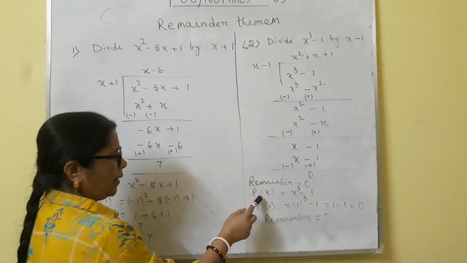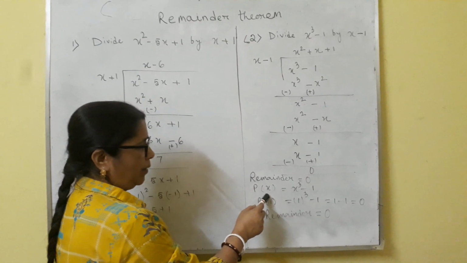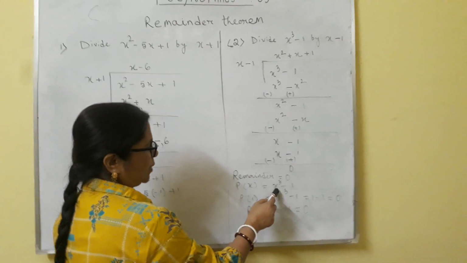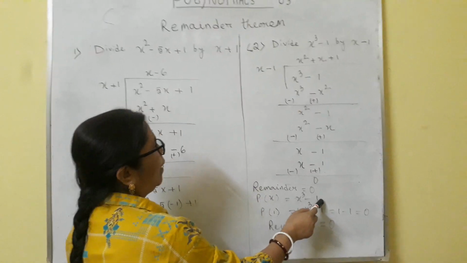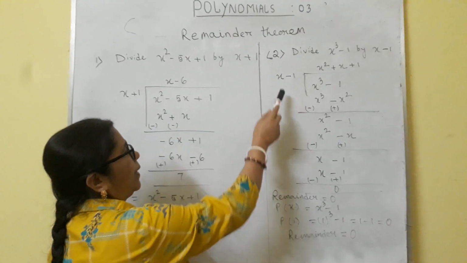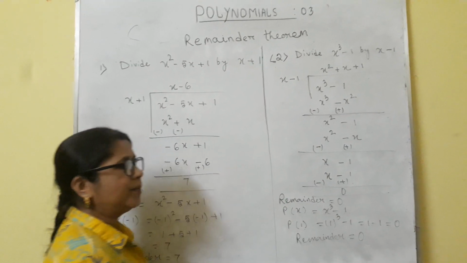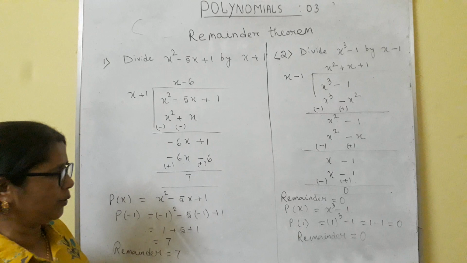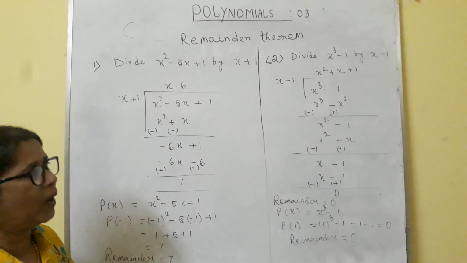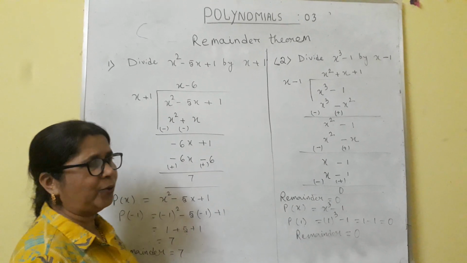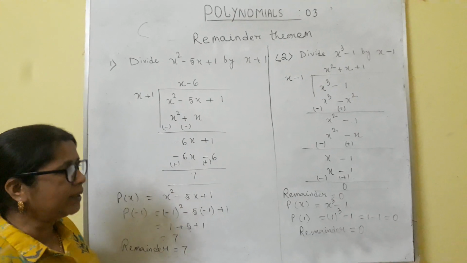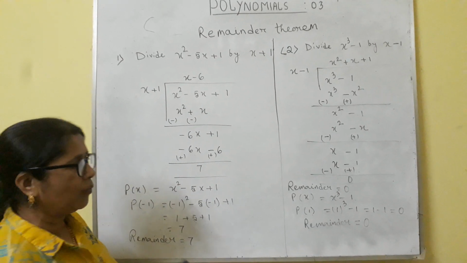In exactly the same manner, p(x) is the polynomial x cube minus 1, and we are dividing this polynomial by x minus 1. If we consider x minus 1 equals 0, we get the value of x as 1. That means in this polynomial we substitute the value of x by 1.